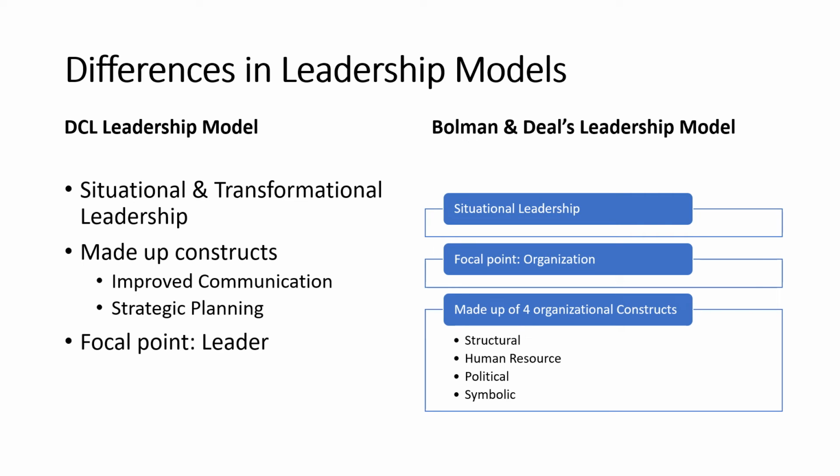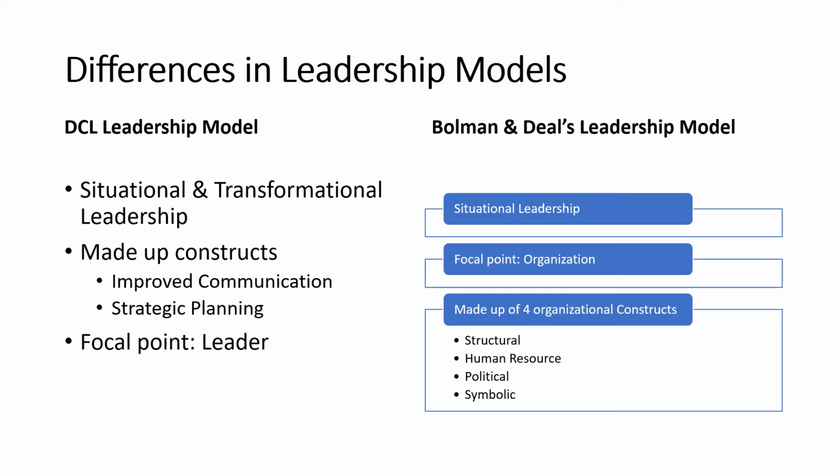which include structural, which focuses on governance, committees, policies, procedures, rules, and authority. Human resources, which focuses on the rights of people, the right skills, and making sure the right people are provided.